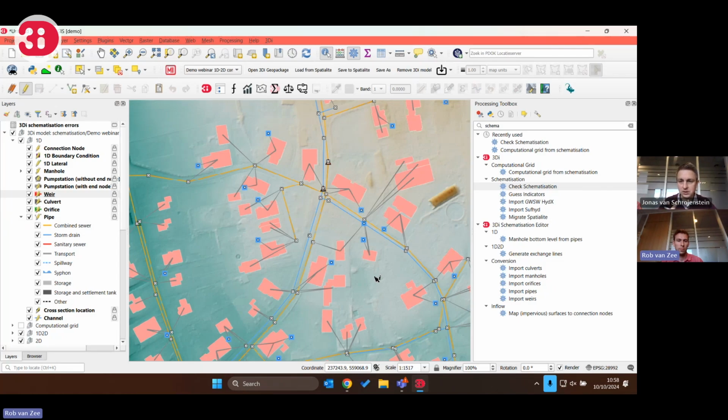And this is why with 3Di we support the option of also adding real rainfall radar events. I hope this answers your question. If you have a follow-up or you would like to discuss it more in detail, feel free to reach out to me and I'll be happy to have a more in-depth discussion about this.